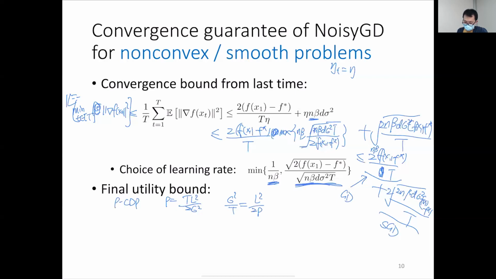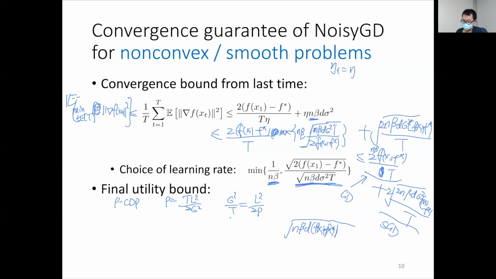So we can simply substitute into the second part of the bound. That gives us some constant times n beta d (f(x1) minus f star). So f(x1) minus f star is how far away you are from your optimal solution at the initialization. This also makes sense because the closer you are at initialization, the smaller the number of iterations it takes to get to the optimal solution. Therefore, it's quite natural for the bound to depend on this.